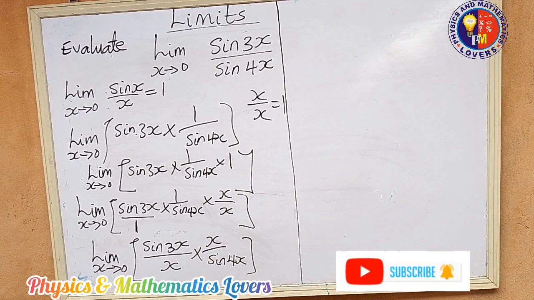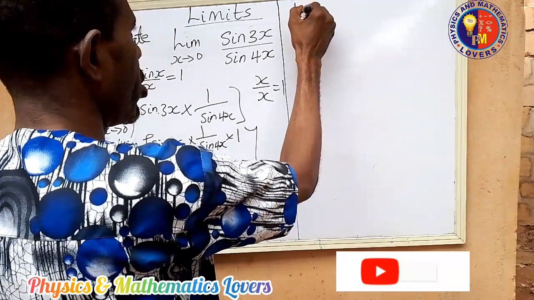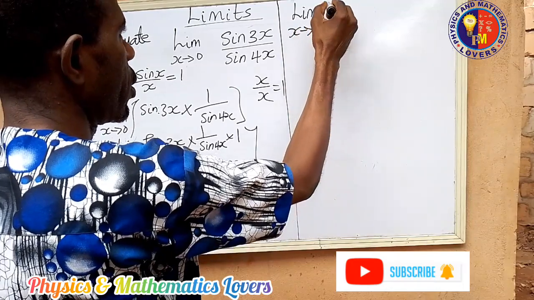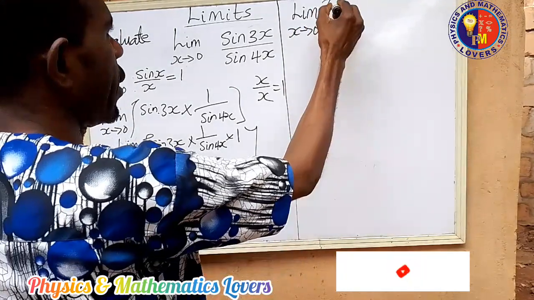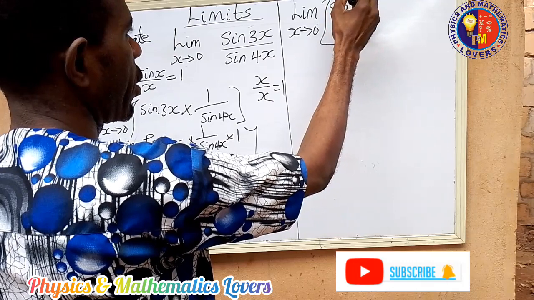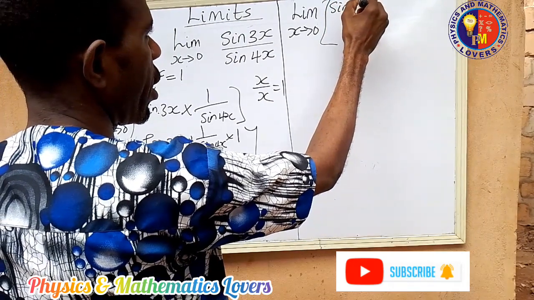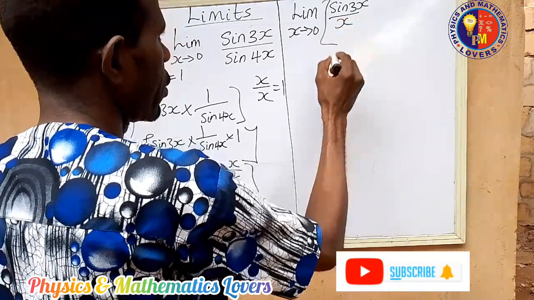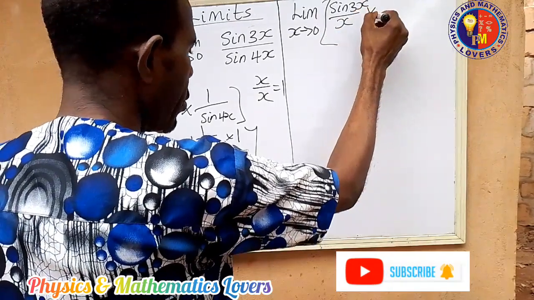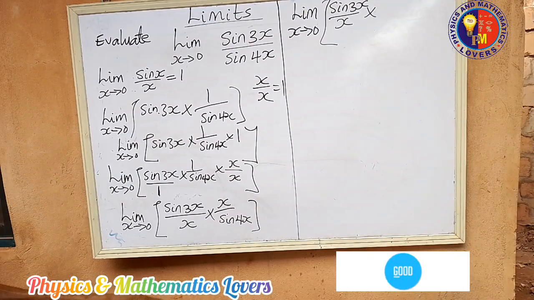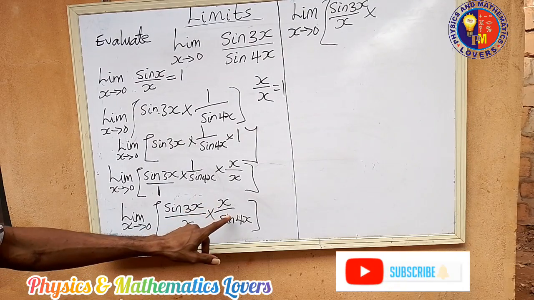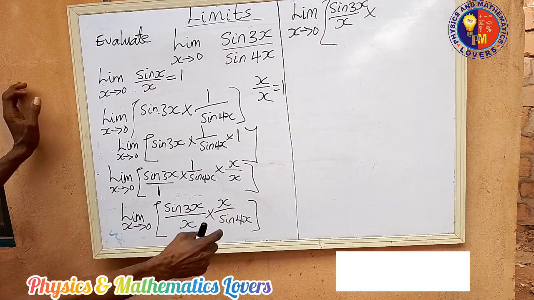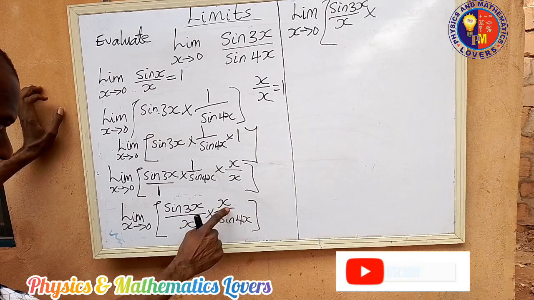So let's continue from the other side. Here, it will now become the limit as x tends to 0. We already have sine 3x all over x, times x over this. I want to make sure that this x comes down.